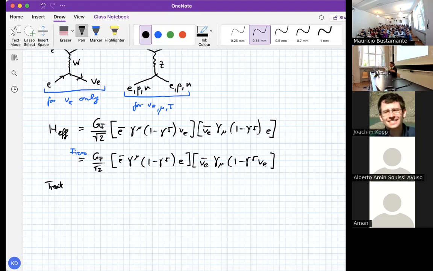So whatever state that matter is in, I can multiply with that state from the left and from the right, and then just work with the outcome of that, which is just a number rather than an operator. So we treat the electrons as a classical background field. And that means we take their expectation value.